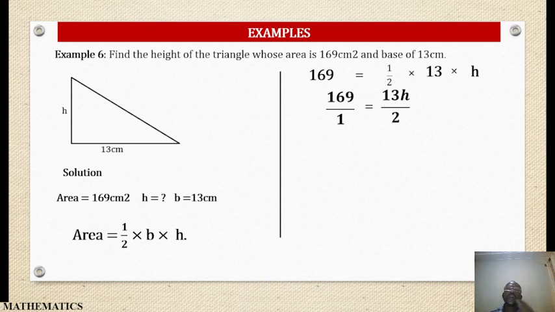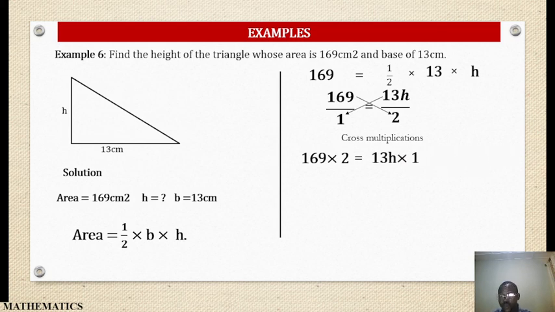So we have to look for a way to make it linear. And we have to do what we call cross multiplication. And when you do cross multiplication, 169 will multiply 2, and 13h will multiply 1. And we have 169 times 2, which is equals to 13h times 1.